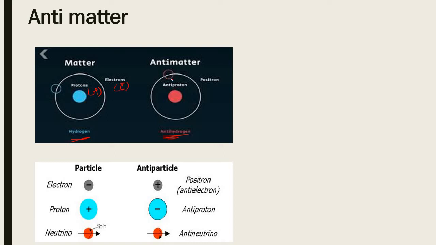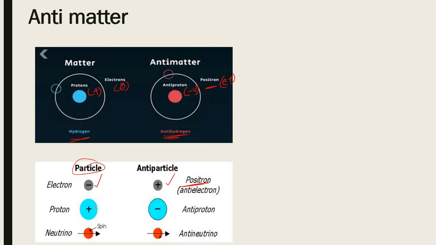But for antimatter there will be an antiproton, which is negative, and the electron will be positive, and a positive electron is called a positron. Electron in a normal particle is negative, but in an antiparticle it is positive, and that positive electron is called a positron.